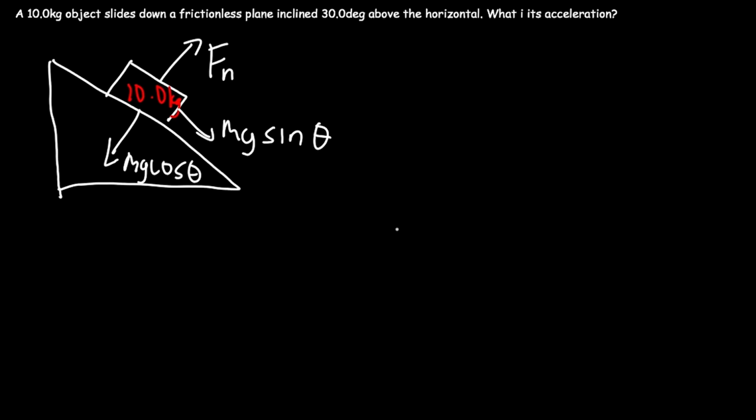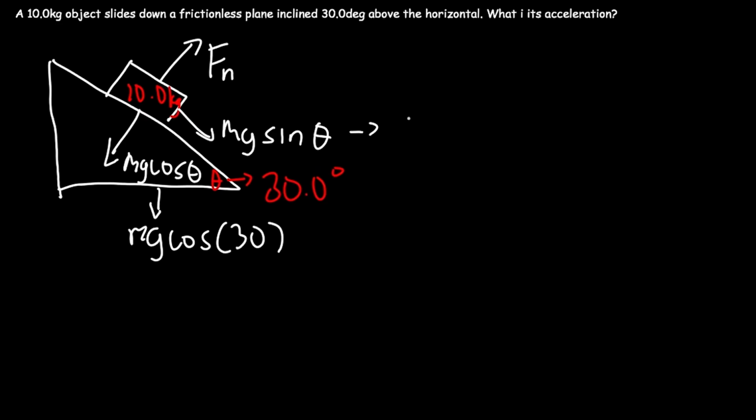Now, sabi dito that we have theta here. And this theta, no, ay equals kay 30 degrees. Therefore, si mg cos natin dito, mg cos will be also 30 degrees. And so does this one. mg sine is equals to 30 degrees.